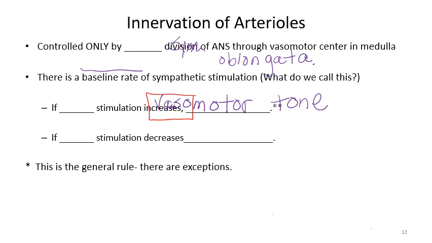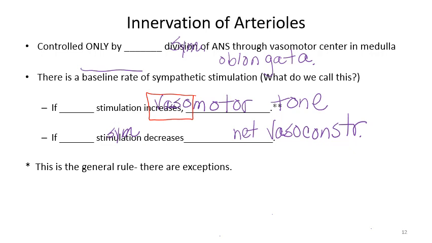As a general rule, over the entire body, if your sympathetic stimulation increases, we will have overall in the body net vasoconstriction. Now, there are exceptions to this, but the vast majority of vessels in your body will constrict in response to sympathetic stimulation.